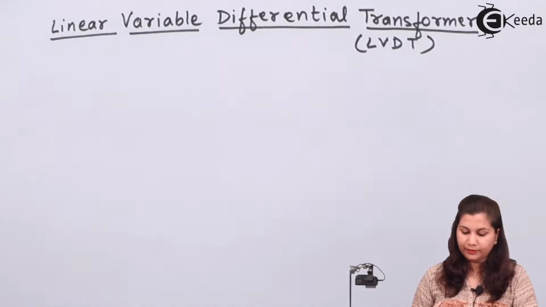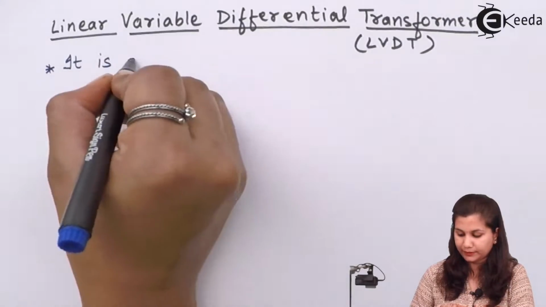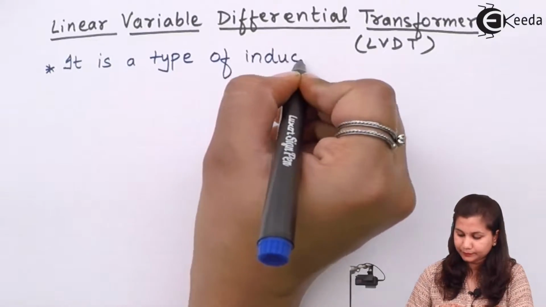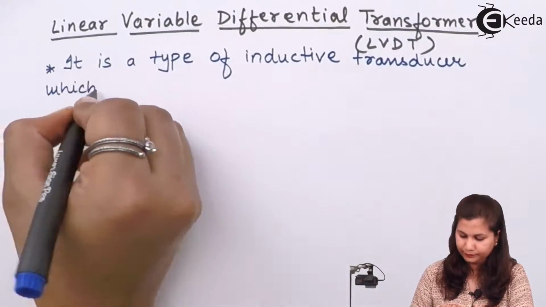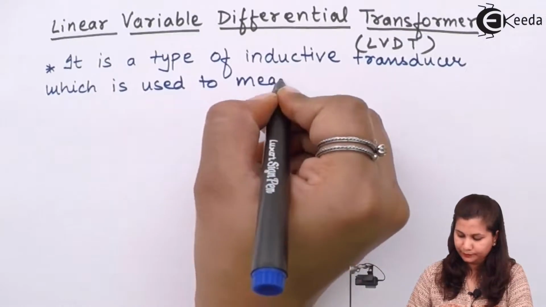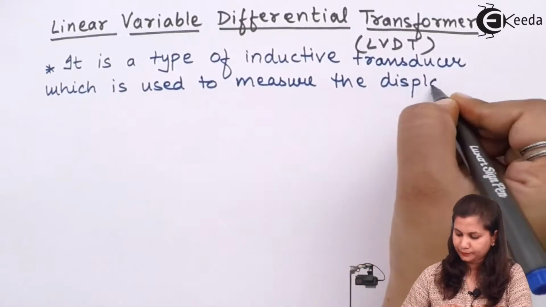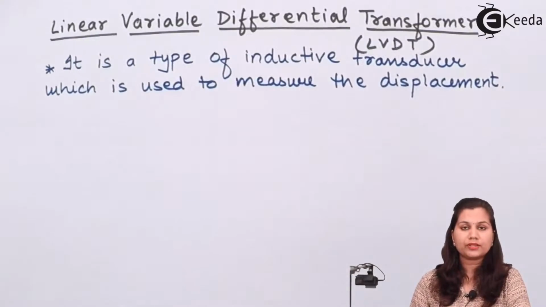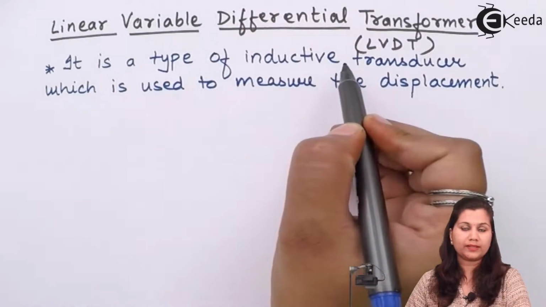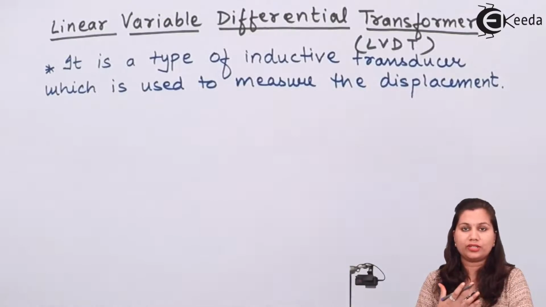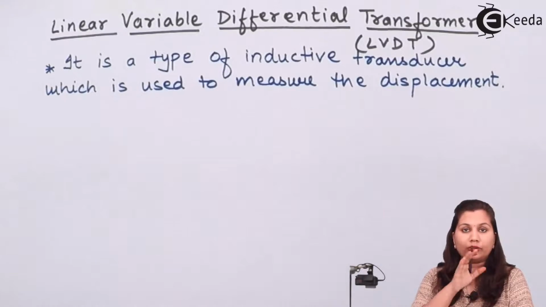Transducers are those devices which convert a non-electrical quantity into an electrical quantity, and inductive transducers change the inductance of a coil, and due to the change in inductance the non-electrical quantity is converted into an electrical quantity.